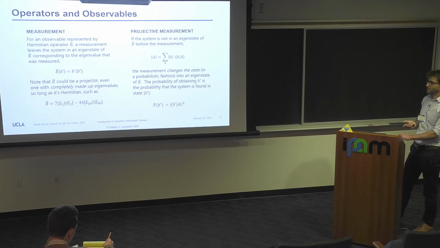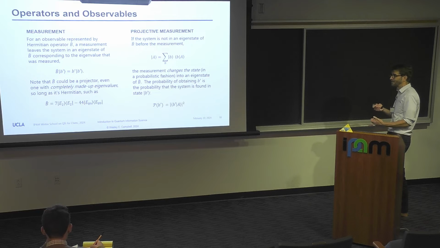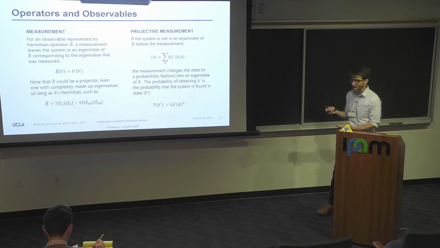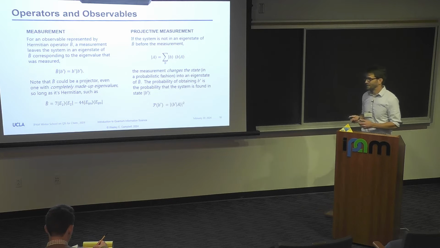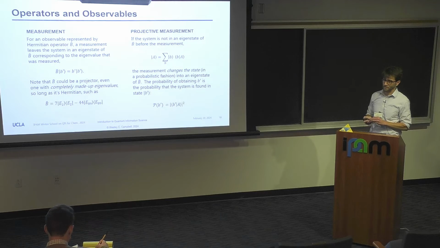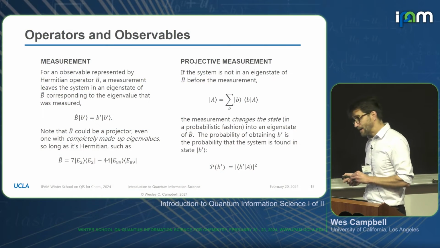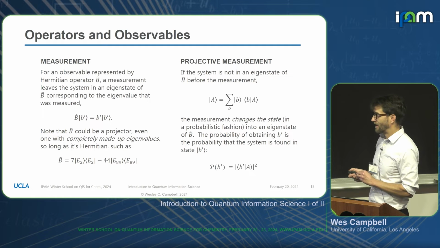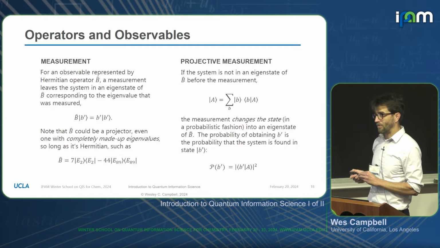The way projective measurements work is that we use this probabilistic interpretation. If the system's not in an eigenstate of whatever our measurement operator is before the measurement, the measurement changes the state, okay? And we end up with an eigenstate of the measurement operator after the measurement. Now, the annoying thing about this is that we don't have any control over it.